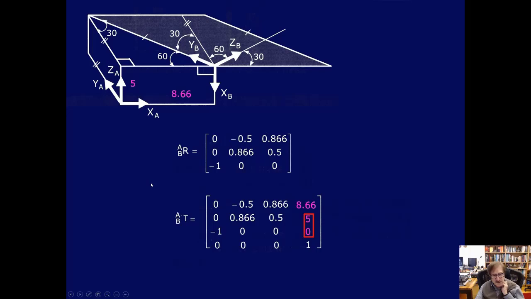So this is going to be the transformation matrix. But this is a careless mistake. So the 5 and 0 should be exchanged. Okay, this concludes part 2 of lecture 2.